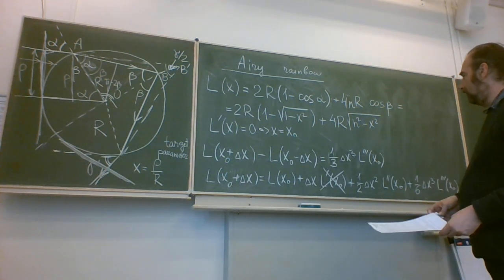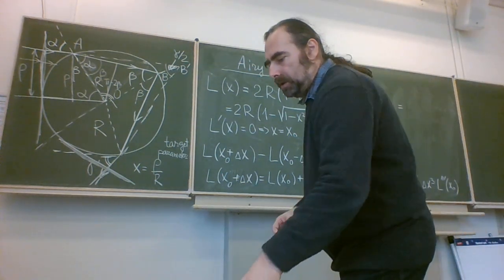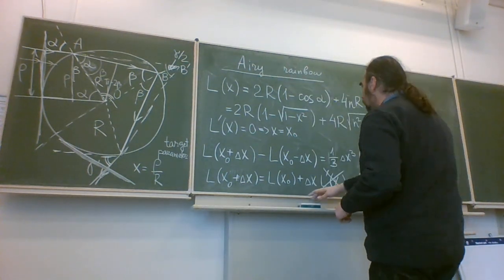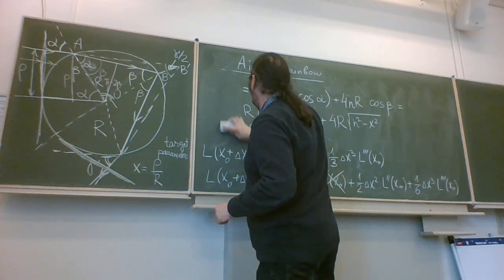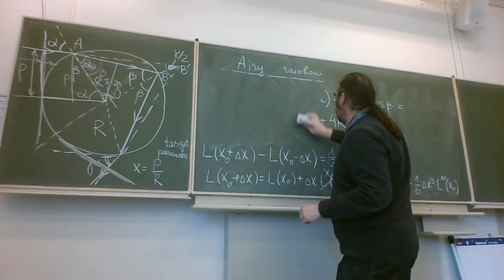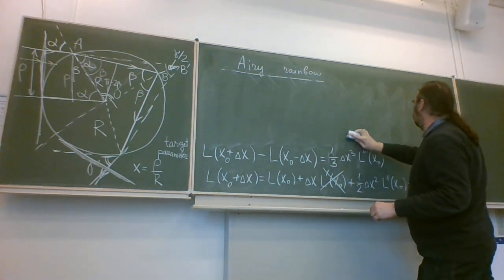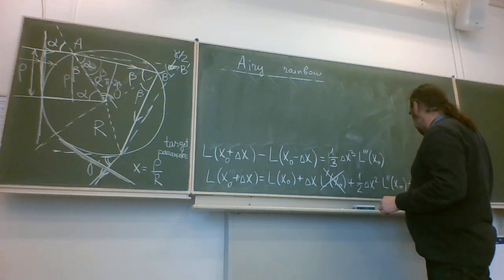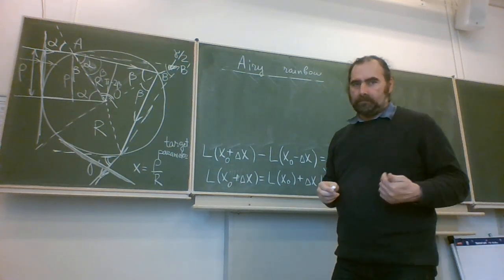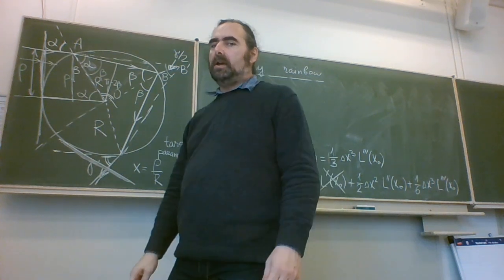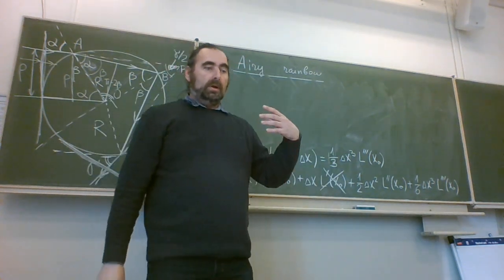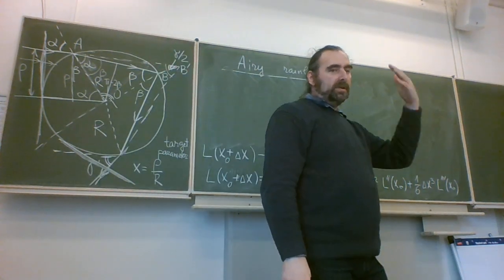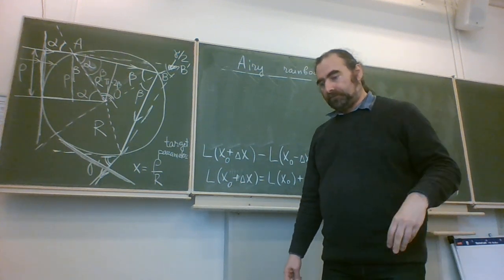But what I want to do, I think I don't need that anymore. I will now erase it. What I want to do is I want to use not delta x, but I want to use delta gamma. Because in the end of the day, I want to express all quantities in terms of the angle gamma.